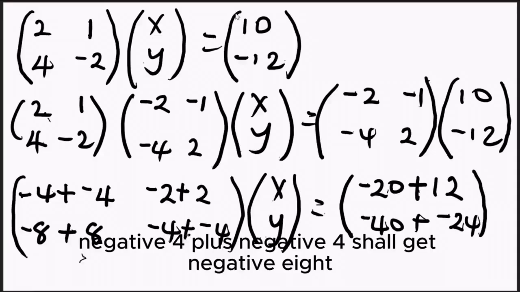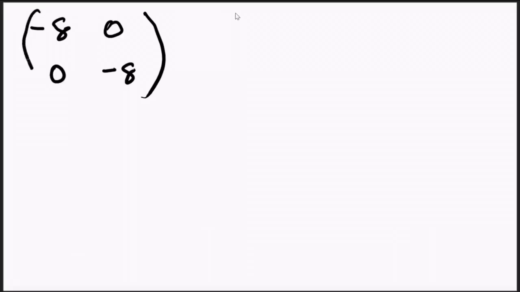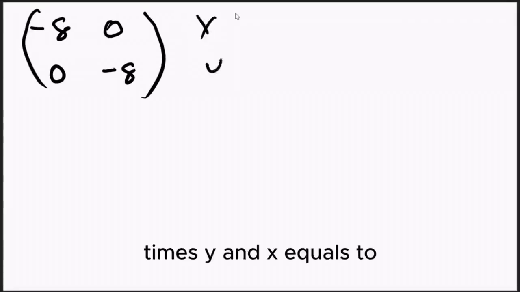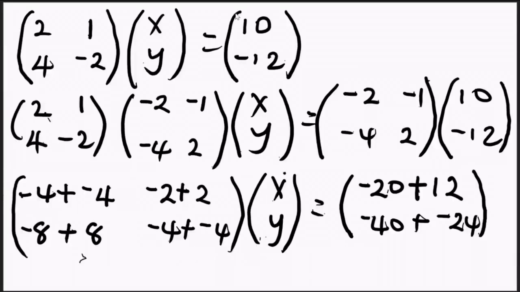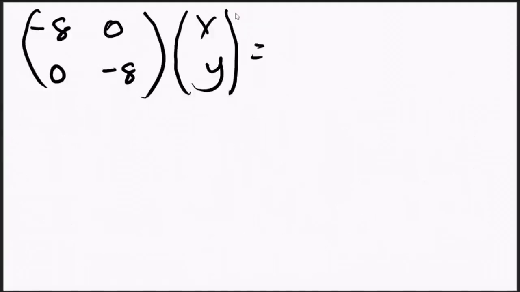Then negative 4 plus negative 4 we get negative 8, times x and y, equals to negative 20 plus 12, we have negative 8.